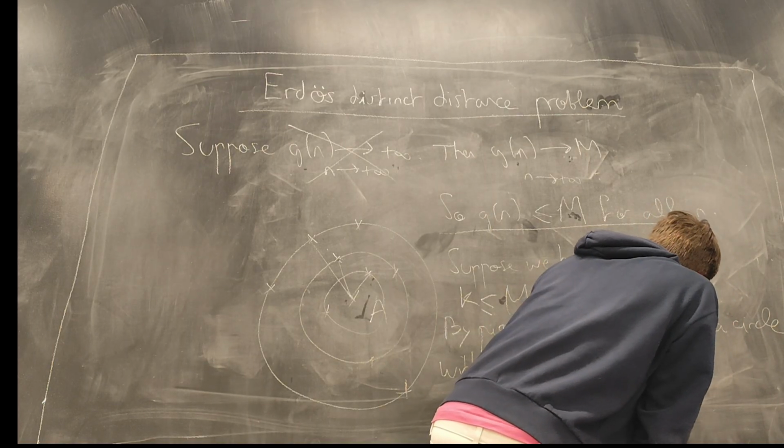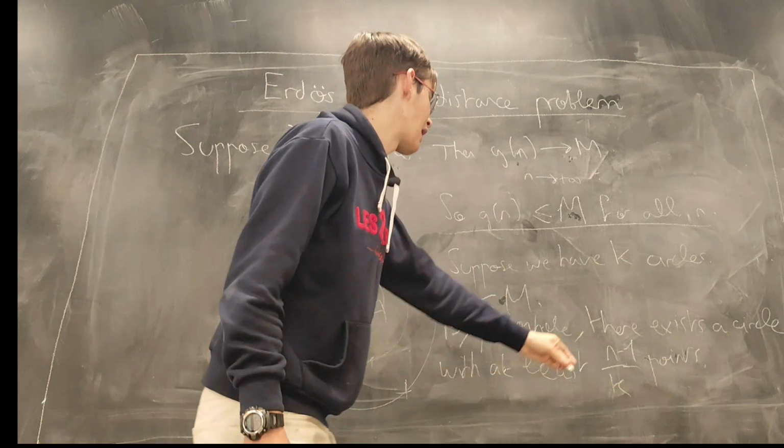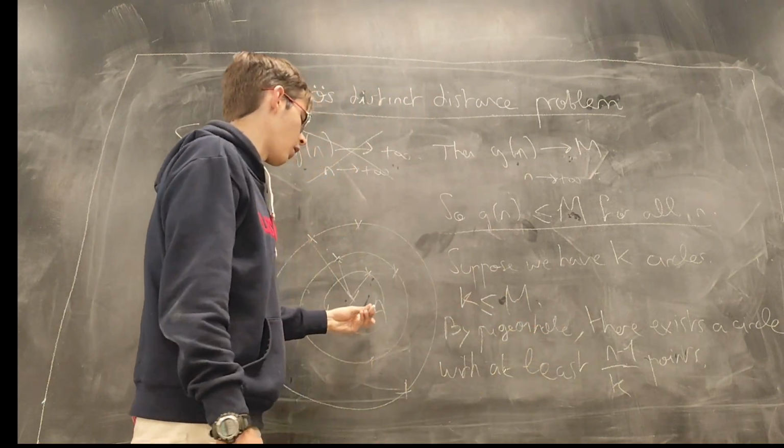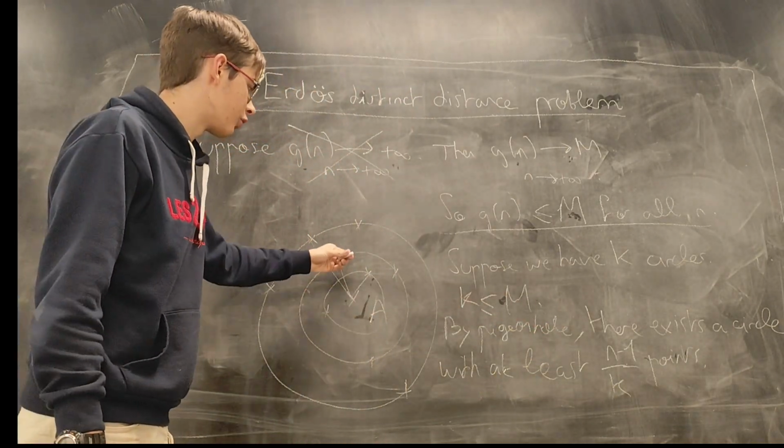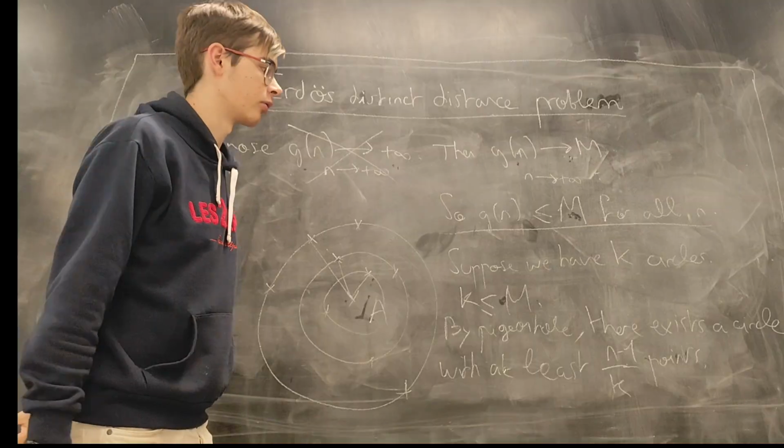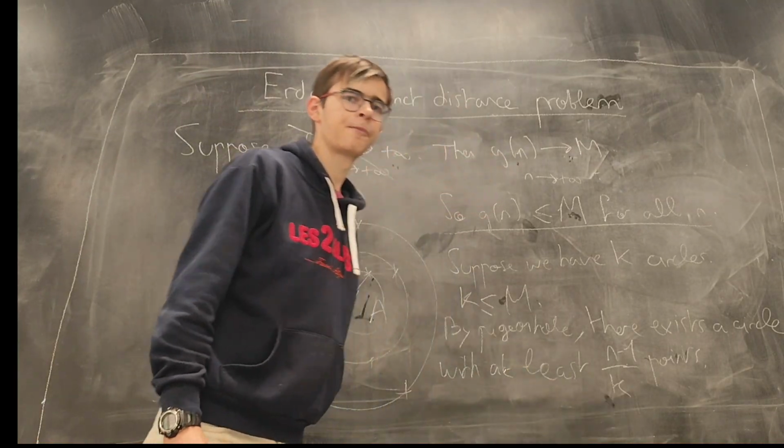Well, n minus 1 over k, sorry, because we have n minus 1 points, all of the points except A, that we're dividing among k different circles.